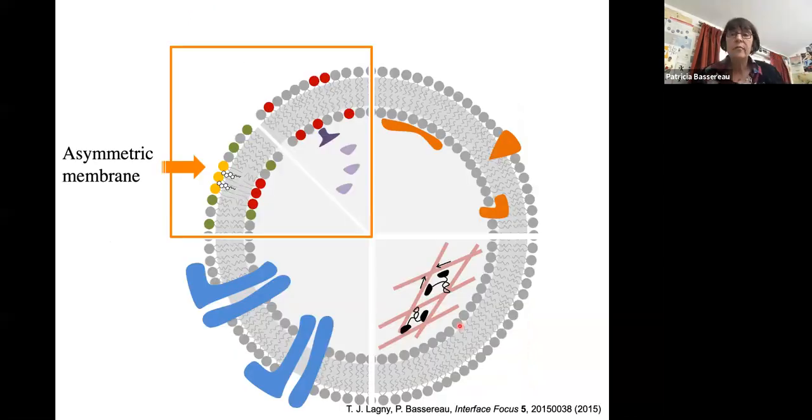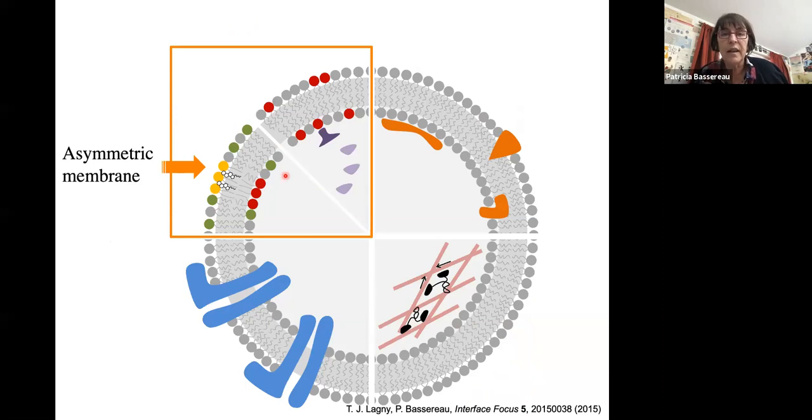But in a cell, the membrane is not symmetric. All these vesicles have been prepared with lipid mixtures which have a symmetrical distribution between the two leaflets. But in a cell, it's very well known that the membrane is not symmetric. And the lipid composition of the plasma membrane is different on the outer leaflet as compared to the internal leaflet.